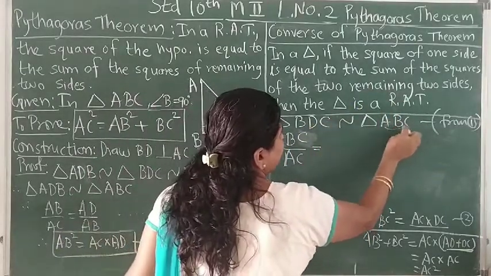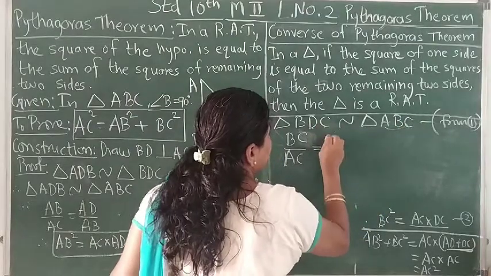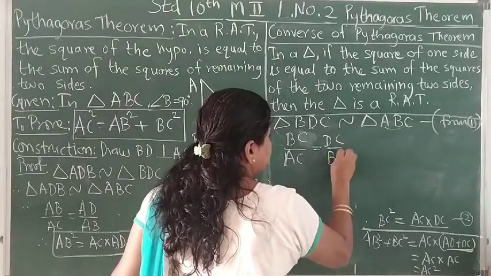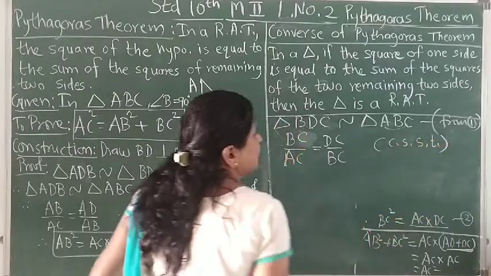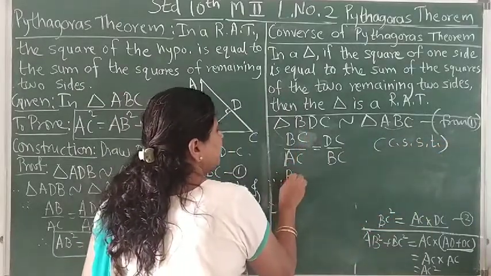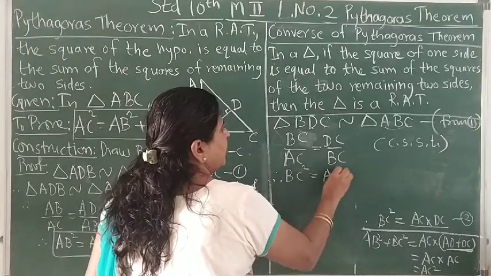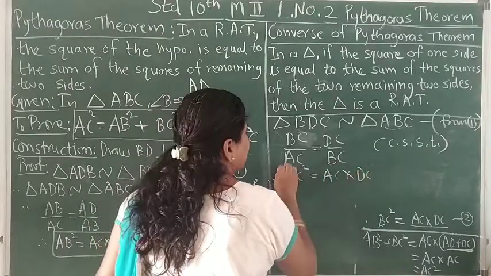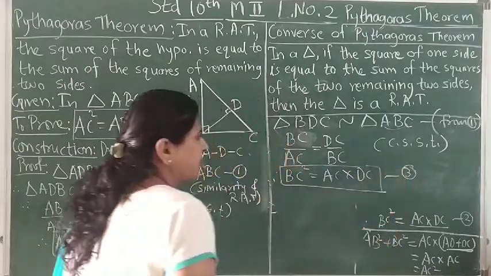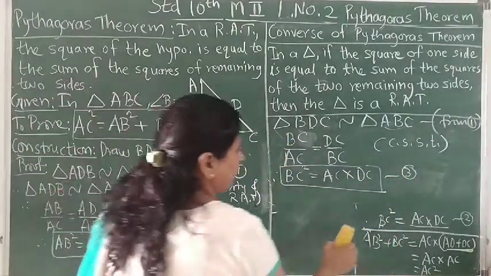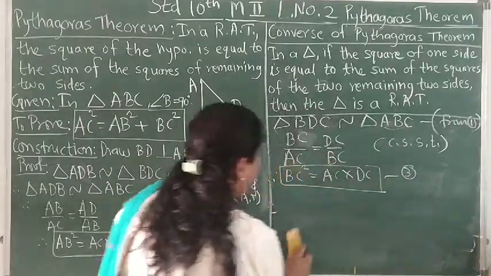And here BC is second and third, so second and third is DC upon BC. These are the corresponding sides of similar triangles, CSST. From this we get BC square is equal to AC into DC. This statement can be called statement number 3. Now adding 2 and 3, we are going to write the last part now here.